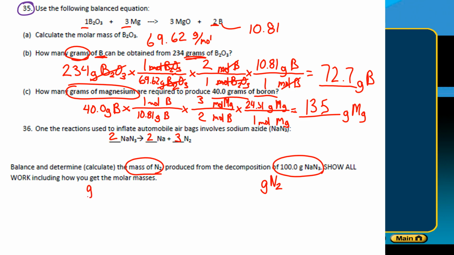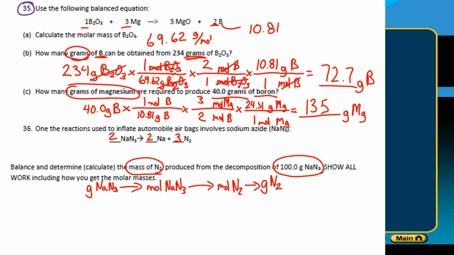I'm starting in grams of NaN3. My first step is always to get to moles, so I want to get to moles of NaN3. Now that I'm in moles, I can get to moles of N2, and then I can get to grams.